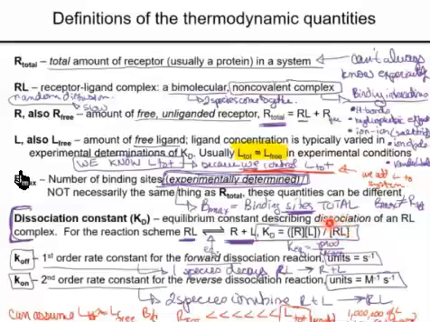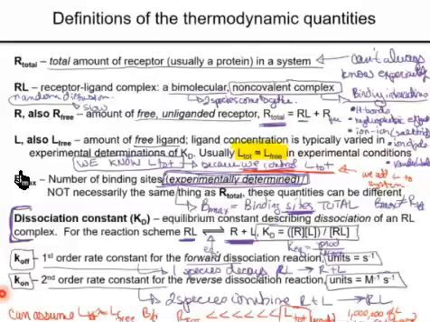Now, I told you that this KD is a thermodynamic constant. But buried in there, we have some kinetic constants. So we have to look at these kinetic constants a little bit. We have these rate constants, K off and K on. As I told the group earlier this morning, I really hope that this is taking you back to some happy memories of general chemistry if you looked at kinetics.